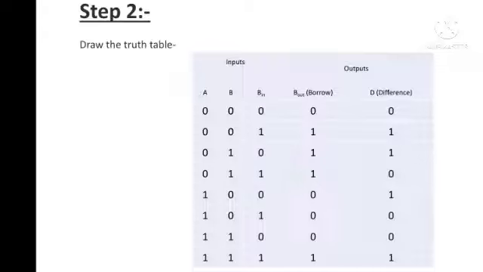So now let's see what's the third step. So we draw a K-map using the truth table. So let's see how to draw these K-maps. As this is 3 variable K-map, we have to draw a 3 variable. As the inputs are 3, so we have to draw 3 variable K-map.